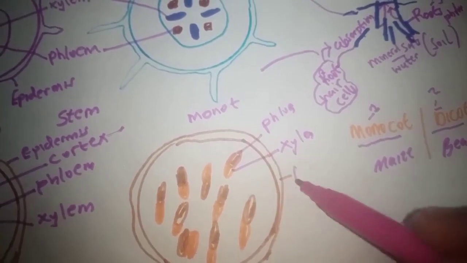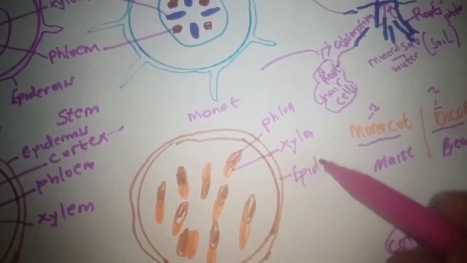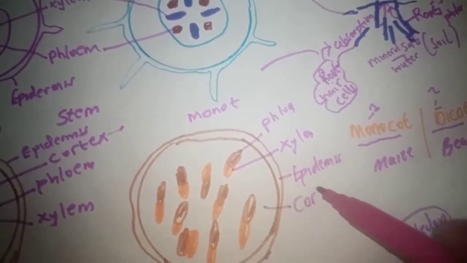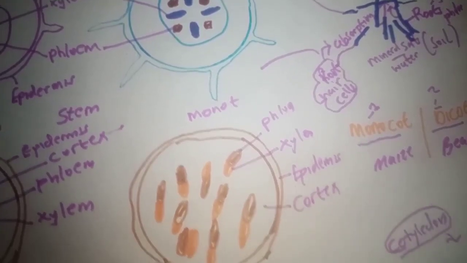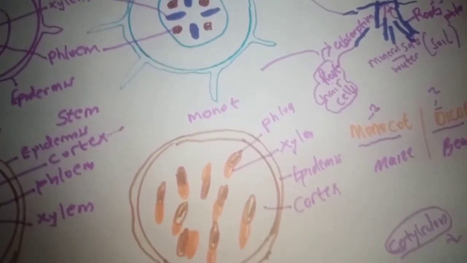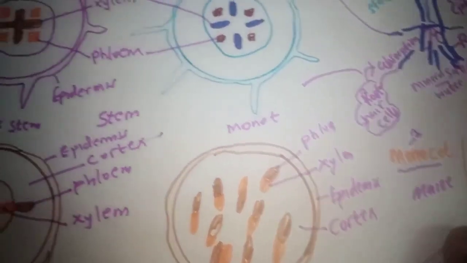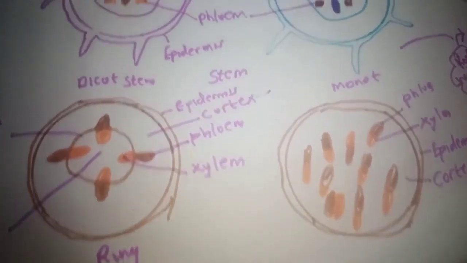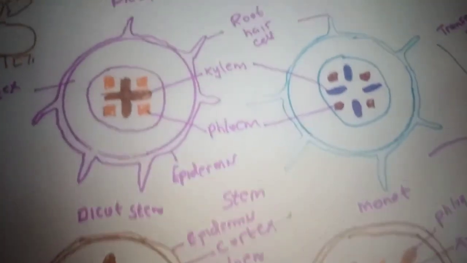We have the epidermis, and you have the cortex there. So this is the arrangement of the vascular system in the plant, in a root and in the stem.